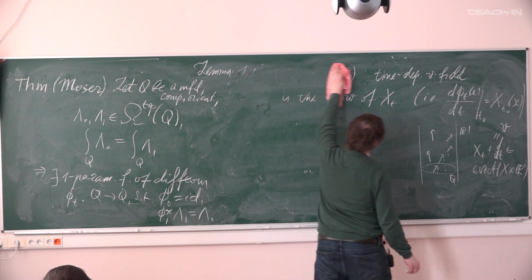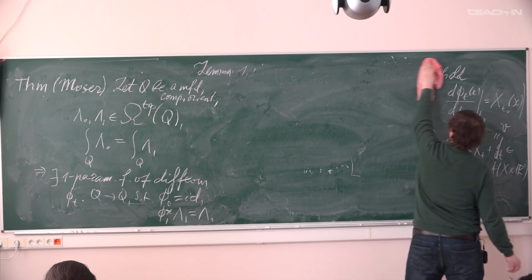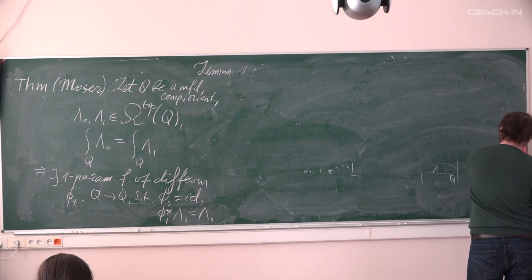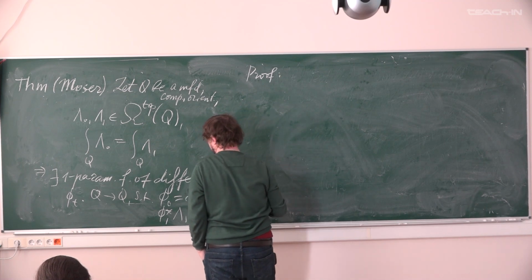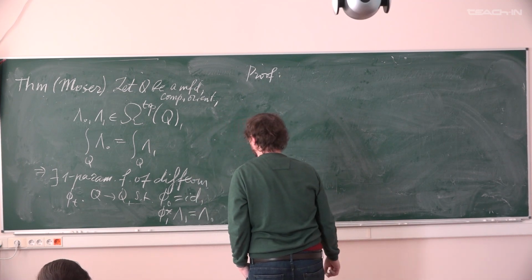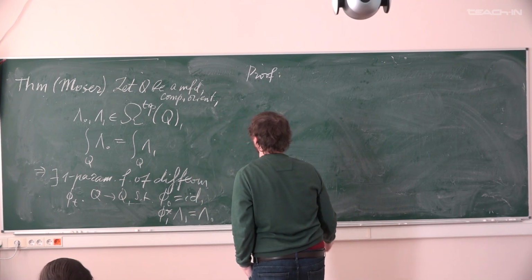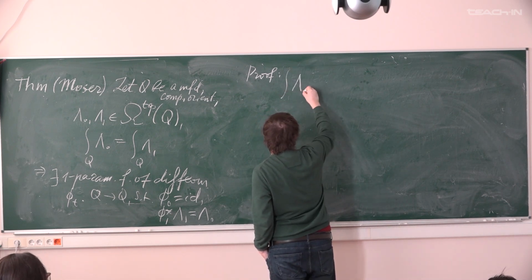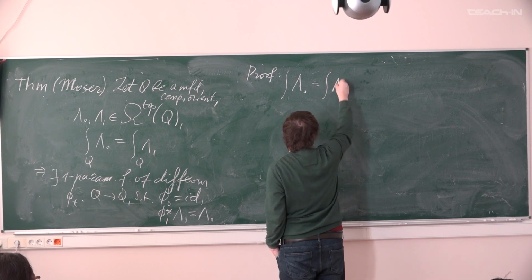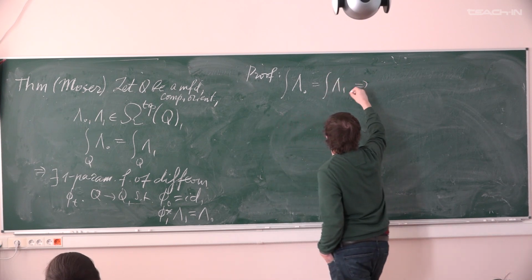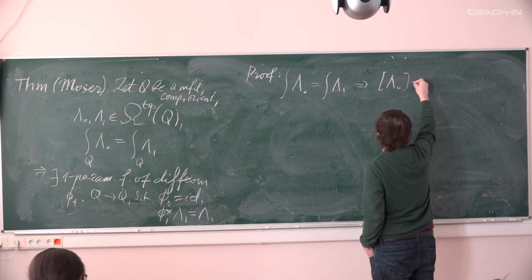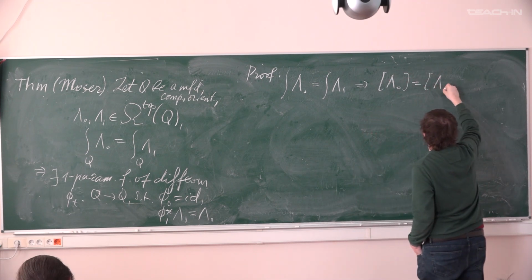The proof is pretty simple. I'd even say remarkably simple compared to a traditional proof of the Darboux theorem. First of all, we observe that since the integral of lambda 0 is equal to the integral of lambda 1, it would mean that the cohomology class of lambda 0 is equal to the cohomology class of lambda 1.